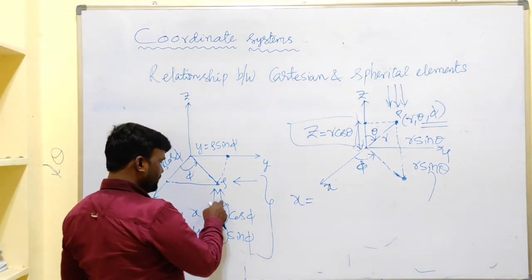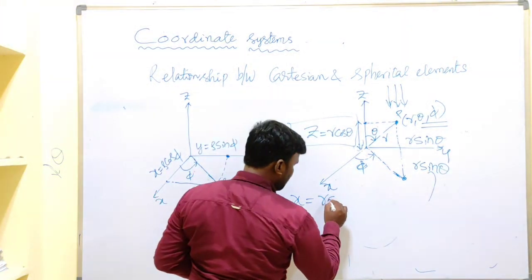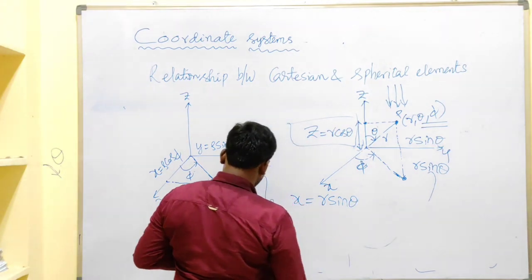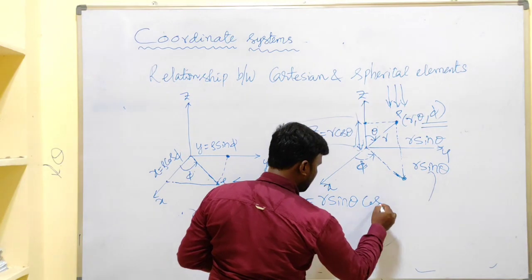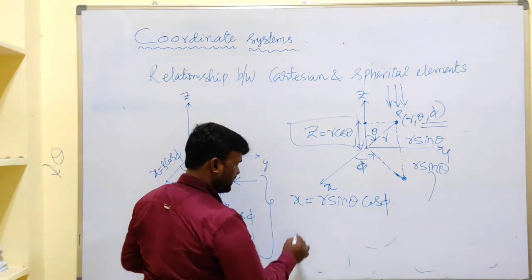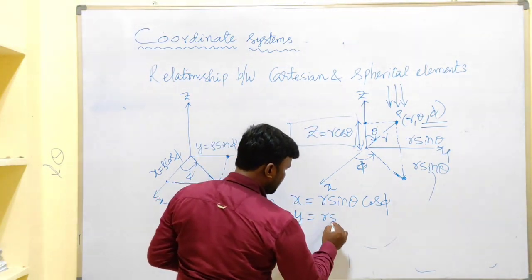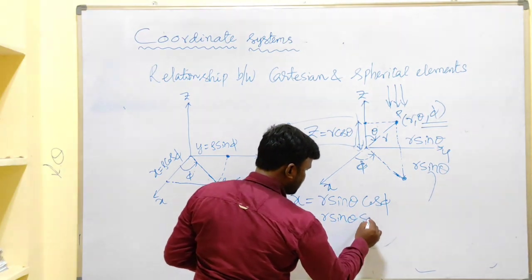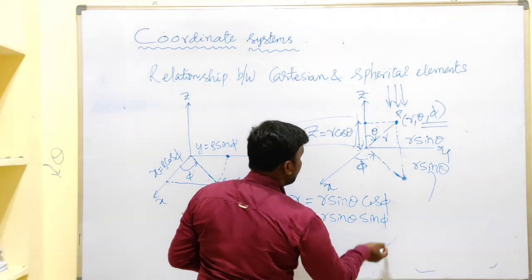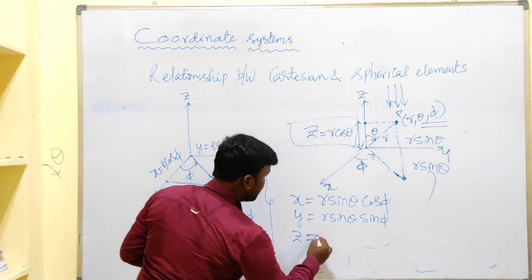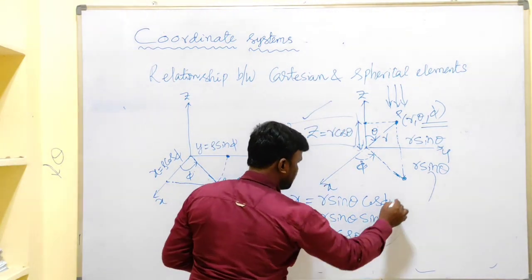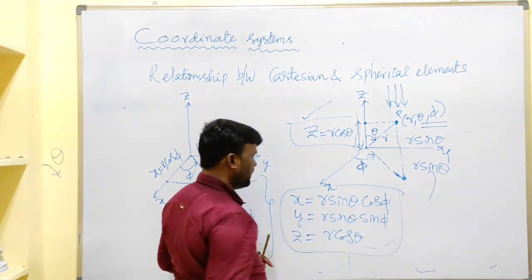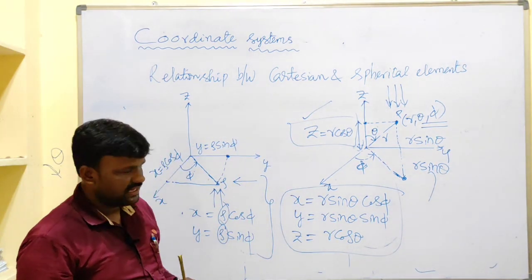Simply substitute rho with r sin theta, and you will get x equal to r sin theta cos phi, y equal to r sin theta sin phi. And z we already derived: z equal to r cos theta.